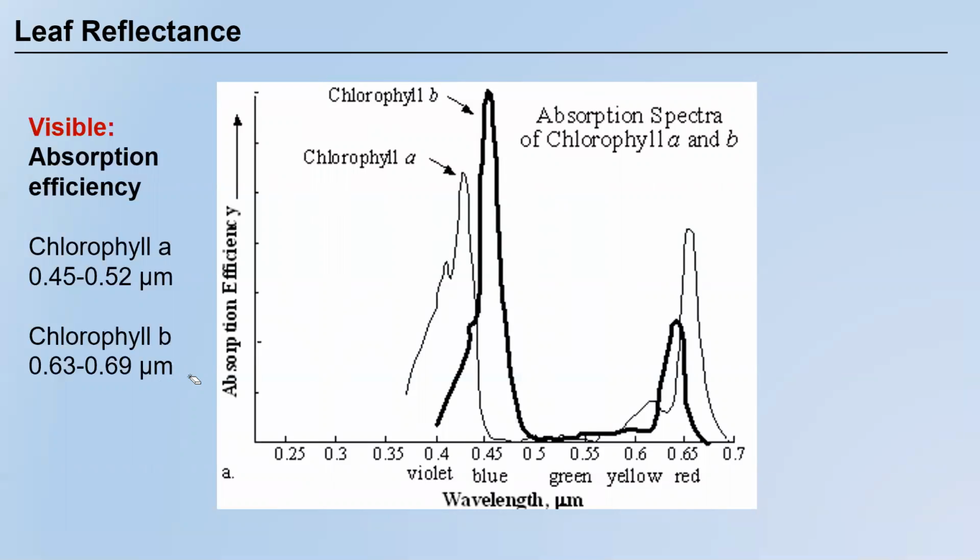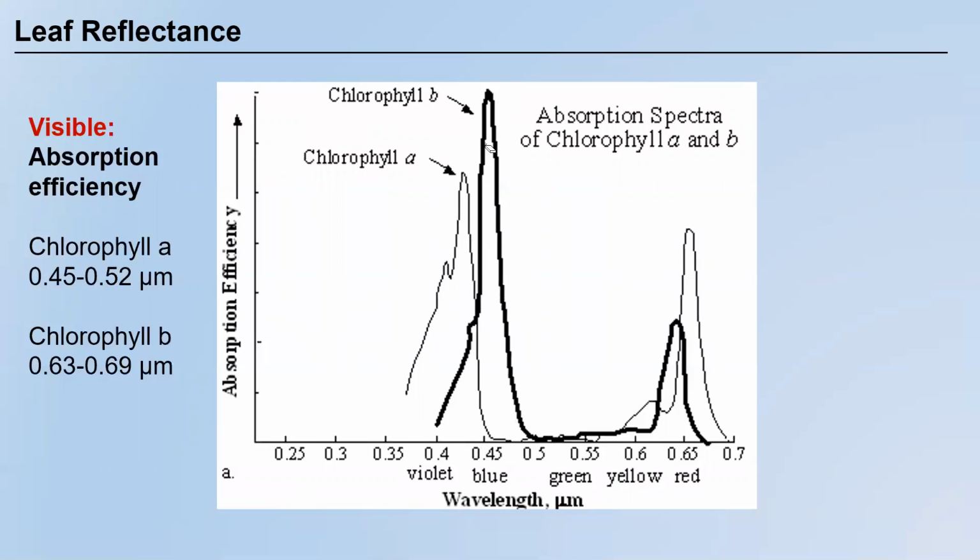So here is absorption efficiency, or the absorption spectrum. You can say chlorophyll A and B actually have different absorption efficiency, but they are very similar to each other in terms of their shapes. Around the blue band, they have very high absorption efficiency, which means that both of them absorb a lot of blue light and even violet.